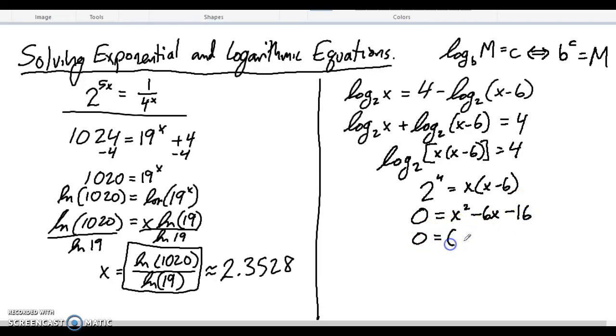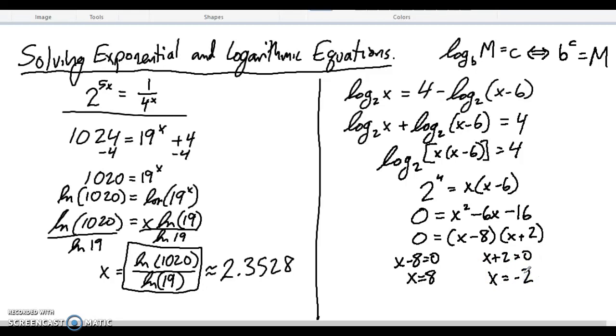And this factors. That's x minus 8 times x plus 2. So x minus 8 equals 0, which means x equals 8. x plus 2 equals 0, so x equals negative 2.